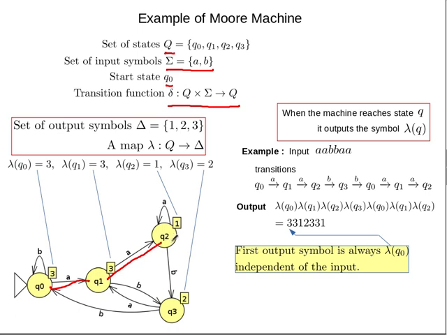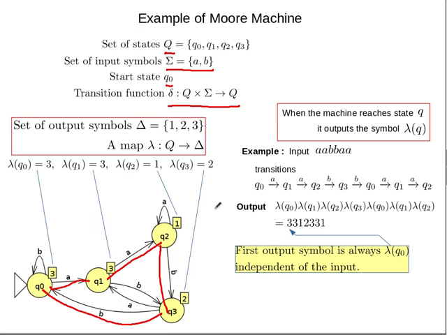From here on B you come to Q3. From here again, if you see a B, you take this edge to go back to Q0, and then again on A you come here, and again on A you come here. So these are the states that you go through, and these are the input symbols on which you are making the transitions.